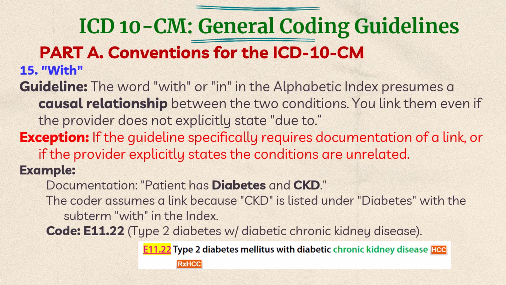In the normal scenario, the chronic kidney disease is the consequence of the diabetes mellitus. Even though it's not mentioned, we assume that CKD is due to diabetes, because CKD is listed under diabetes with the subterm "with" in the index. So code E11.22, type 2 diabetes with diabetic chronic kidney disease.